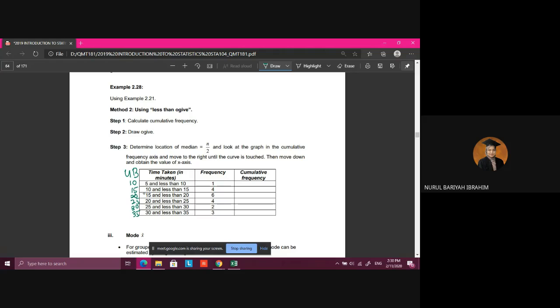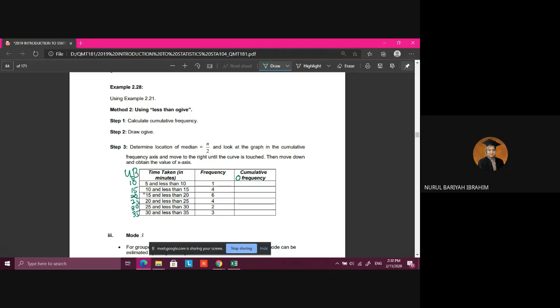But in order to draw the ogive, we need one value to match the cumulative frequency of zero. Right? The top one is zero first. So we take the lower boundary of the first class. We start with 5 there.